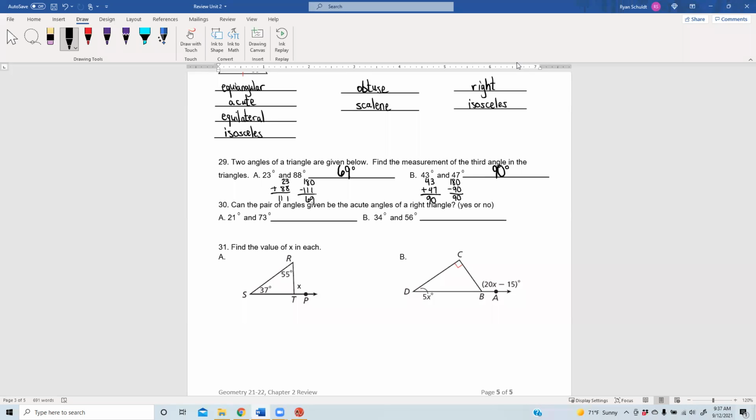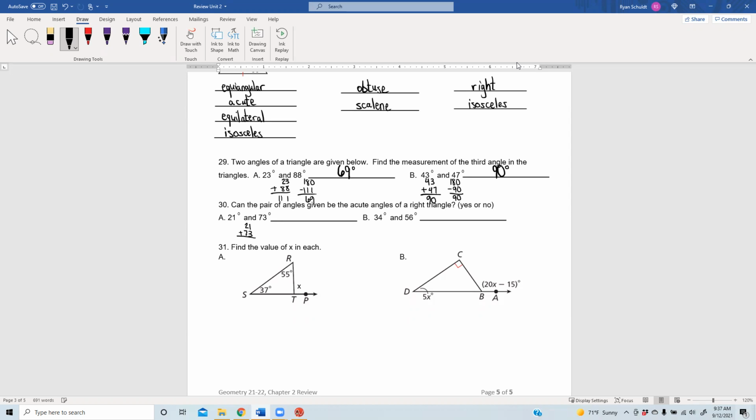Now, on 30, can the given angle pairs be from a right triangle? Well, we have to see if they add to equal 90. If they do, our answer is yes. If they don't equal 90, our answer is no. So 21 plus 73.